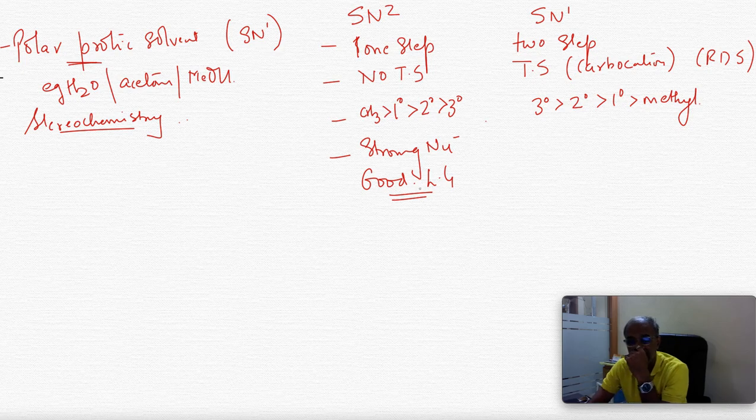Suppose there is a very weak leaving group, one that does not want to leave, then obviously the nucleophile has to be very, very strong, otherwise the reaction itself will not take place, right?